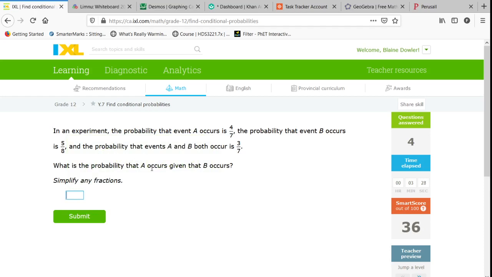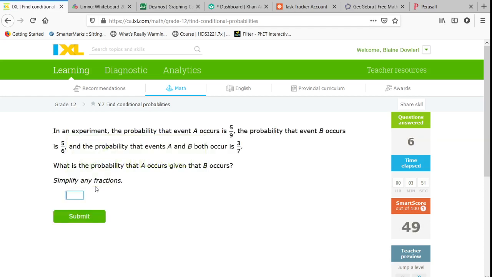Now again, what's the probability of A given B? That's 3/7 over 5/8. So 3 times 8 is 24. 5 times 7 is 35. No common factors, so it doesn't simplify. This one, 1/8 divided by 1/4 is the same as 4/8, or 1/2.